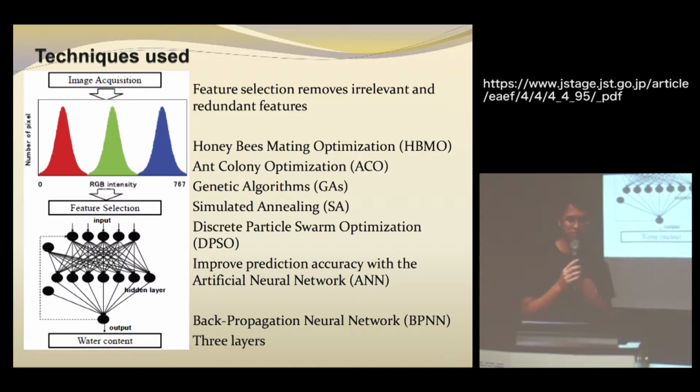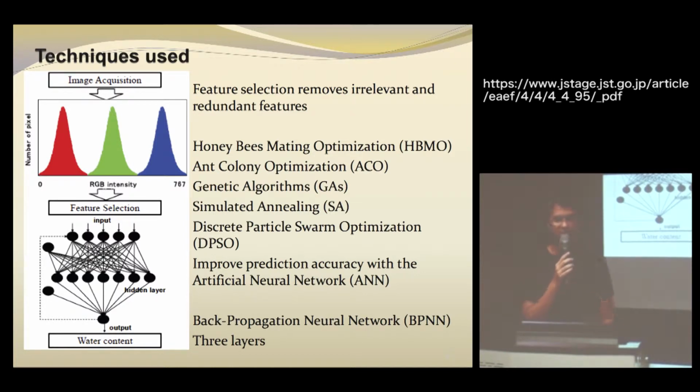What is the feature selection? It's a method to remove irrelevant and redundant features. After removing all those redundant features, we put that as an input of an artificial neural network, and then we can guess the water content of the moss.